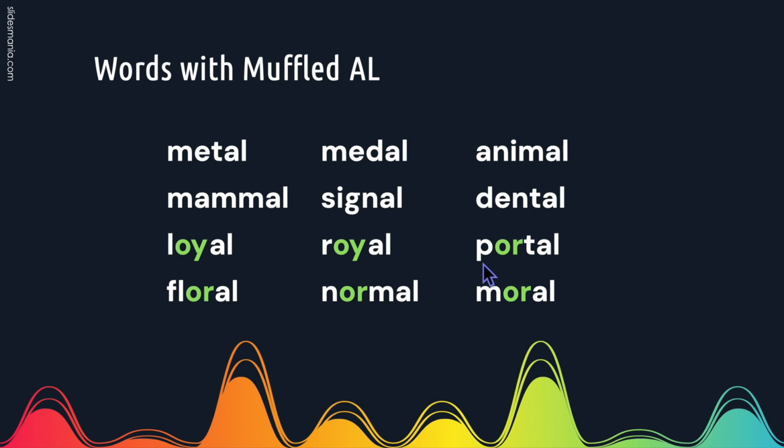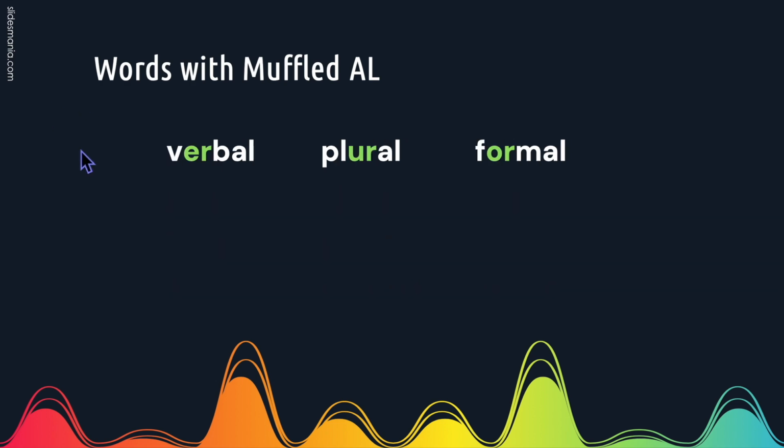OR says or: portal, floral, normal, moral. You could see that in all these words, rather than a clear owl sound, we have a muffled ul sound. Here are some more words with the muffled sound. ER and UR both say er: verbal, plural, formal.